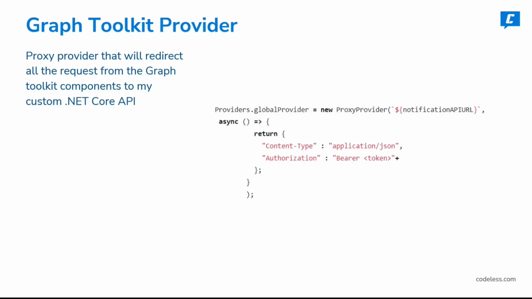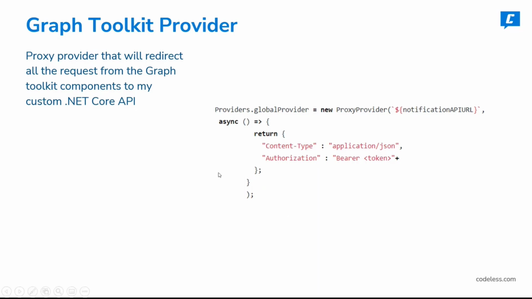Let's move to the next slide. Graph Toolkit provider. As we all know, in order to implement Microsoft Graph Toolkit components, you have to have a valid provider, which can be of different flavors. But in my case, I'm using a proxy provider. If you can see the implementation here, I'm passing my API URL. This API URL is actually the .NET Core API, which is hosted on Azure App Service.